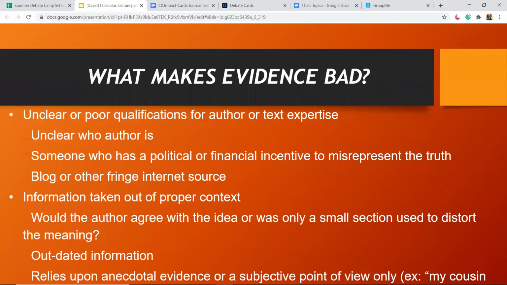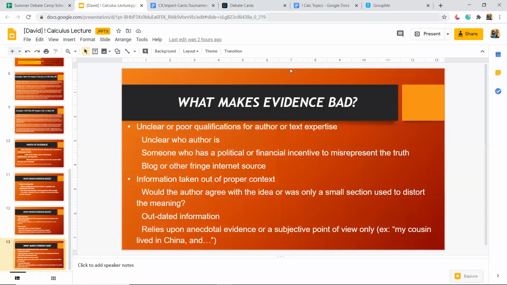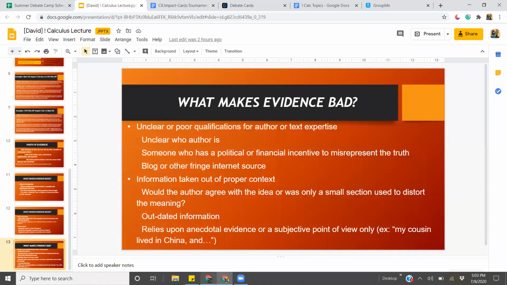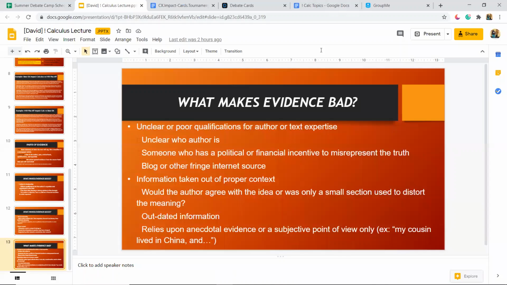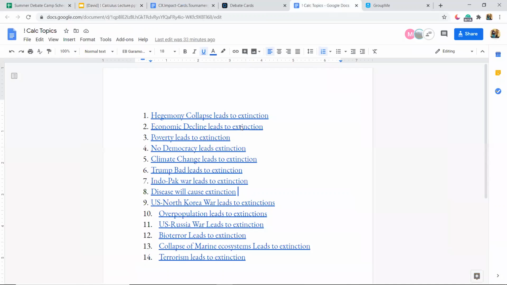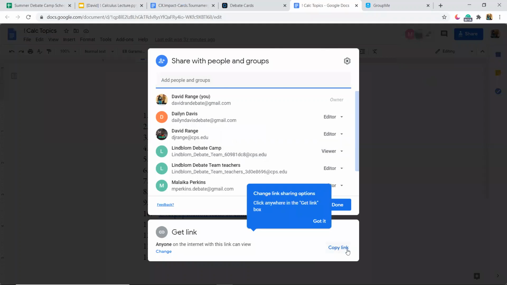So what we're going to do is have an Impact Calc tournament. Did all of you get this Google Classroom thing with all the topics and links? I'll also post it in the chat.